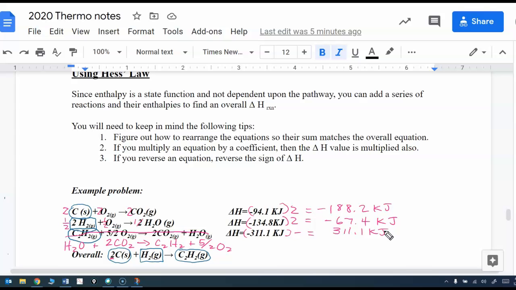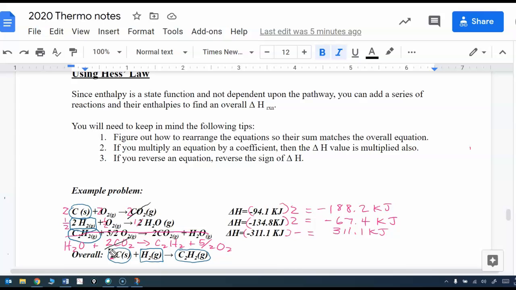Okay, so let's just check and see how all of this comes out to the overall reaction. When I'm looking at this overall reaction, I'm going to want to see what cancels out. I can see that my carbon dioxide actually does cancel out because I have a carbon dioxide on the reactant side and a carbon dioxide on the product side, and they both have a 2 in front of them, so they cancel out.